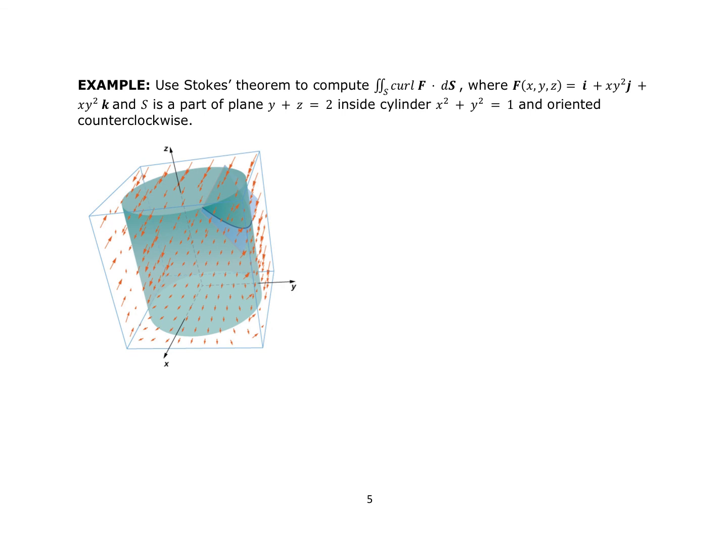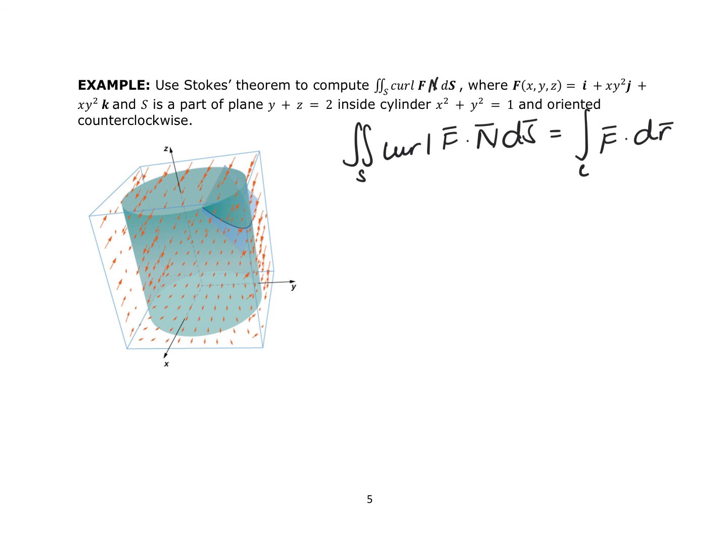So once again, we know we have, and there should be an n there. I don't know why I keep dropping that. The surface integral of the curl of f dotted with n ds is equal to the integral along the curve of f dotted with dr.